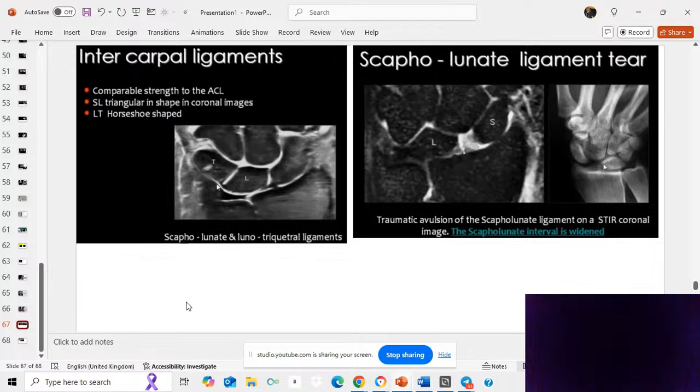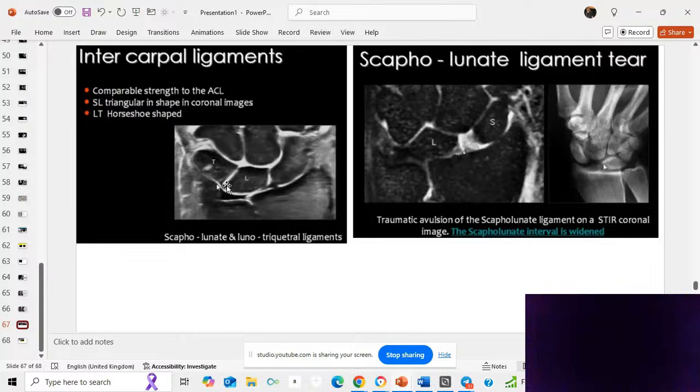Before starting our case, we need to look at some anatomy basics of the wrist joint. This is the scapholunate ligament and the lunotriquetral ligament.